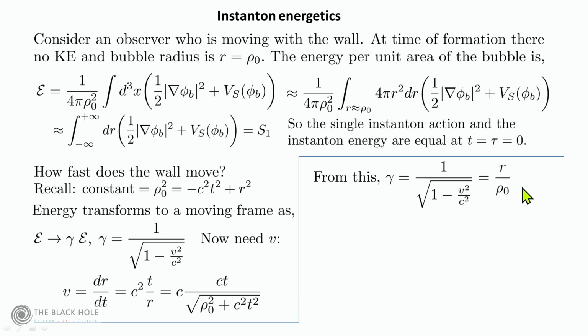So this is r over rho naught. Okay, that means that the energy is, now you just do this simple calculation, you put gamma, this gamma over here, r over rho naught, then multiply by the surface of the bubble, which is 4 pi r squared, and this is the energy per unit area, which is equal to the action of the single instanton S1.